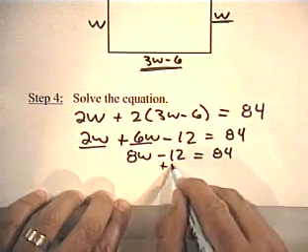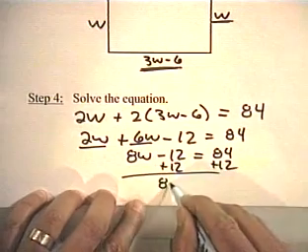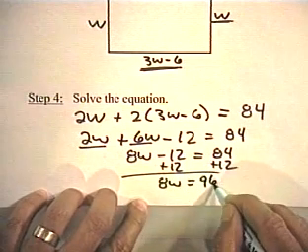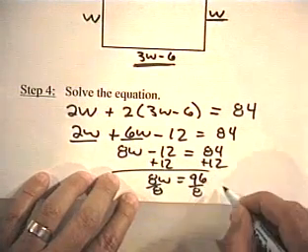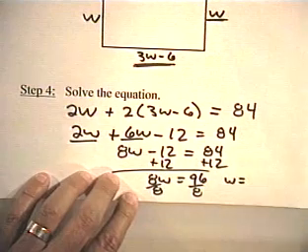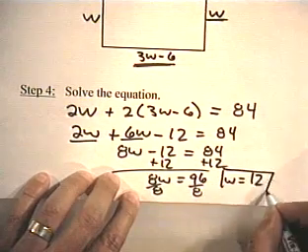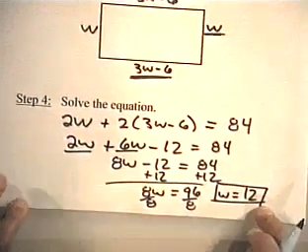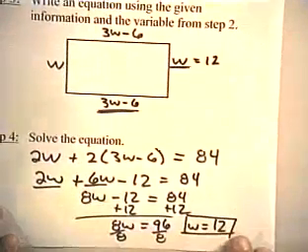I can add 12 to both sides. 8W is equal to 96. W is equal to, what's that, 12. So I have solved my equation. Well, that represents the width.